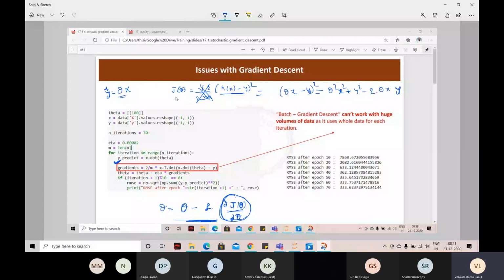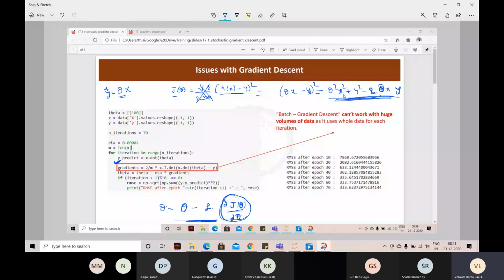This is my cost function. This underlined part is my cost function. Now I need to calculate the derivative part.